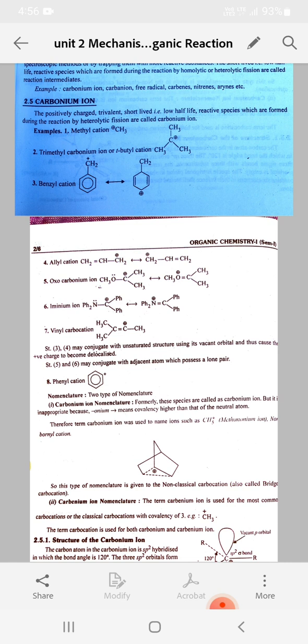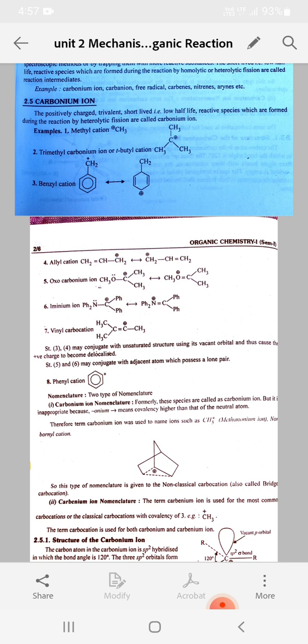Therefore, the term carbonium ion was used to name ions such as CH5+ or methanium ion. This is important to understand about carbonium nomenclature. So this type of nomenclature is given to the non-classical carbocation, also called bridged carbocation.